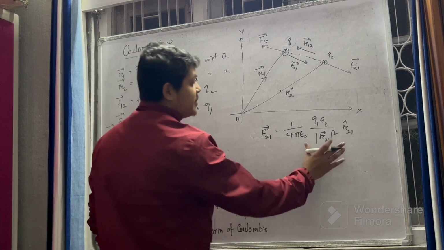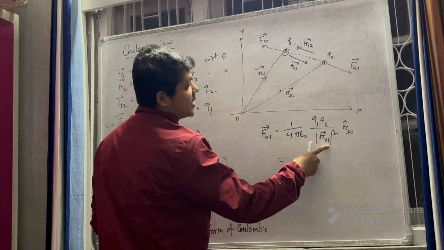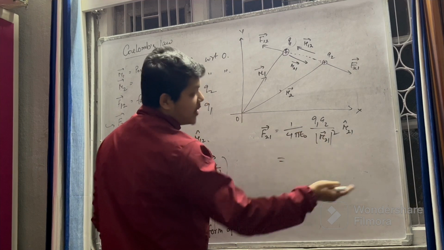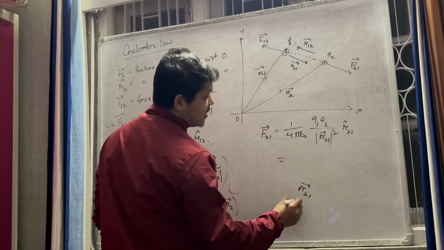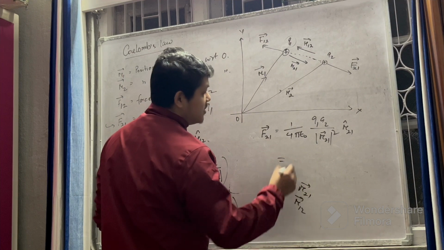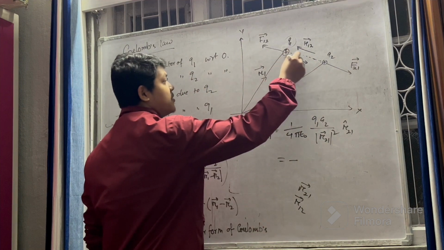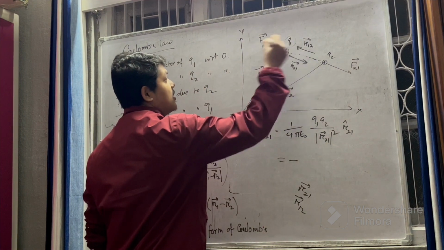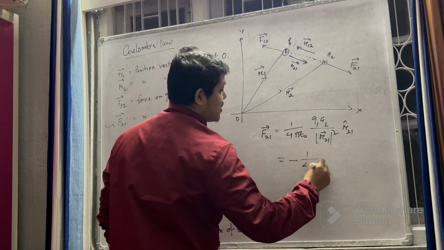Now it can be written this way also. If you change this R21 by R12, then we will get a minus here, because the directions of these two vectors are opposite, right?